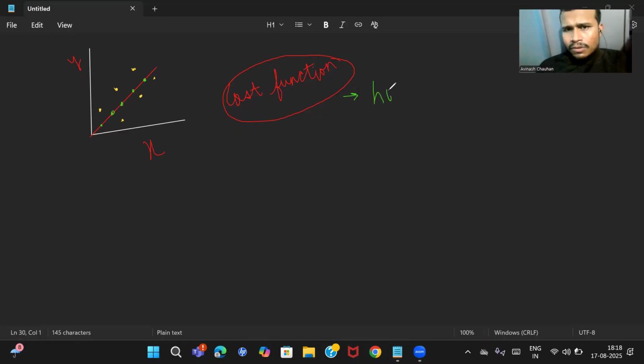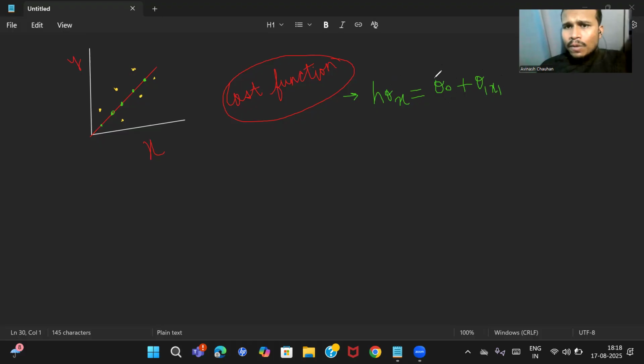What we are calculating is denoted by h theta of x, which we write as theta 0 plus theta 1 x1. It is the same thing as when we write about slope.